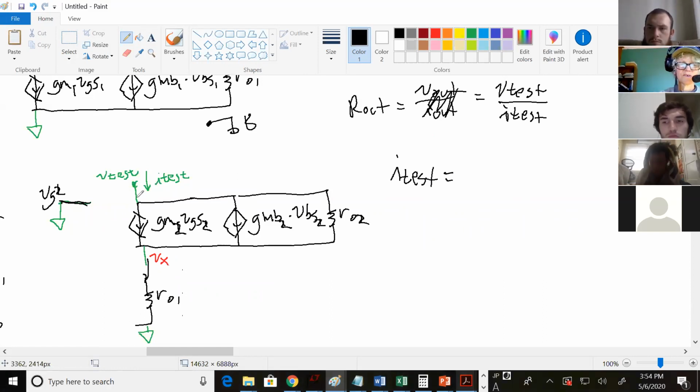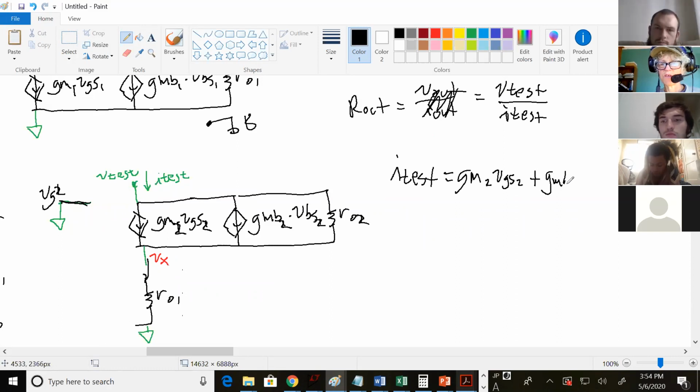So this is the current going into the node. That has to equal the current coming out of that node. So I have gm2 VGS2 plus gmb2 VBS2 plus V test minus Vx over RO2.